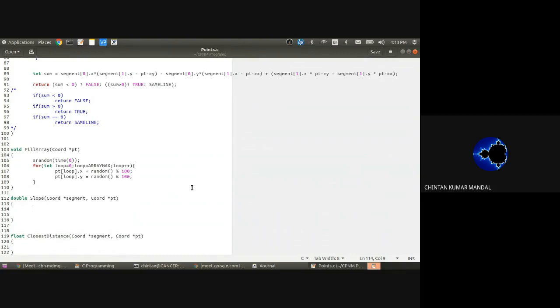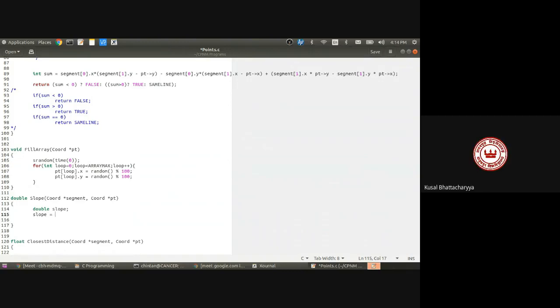Mind it, this is a line segment. Sir, I'll take a variable called slope, double slope. Then sir, slope equals pt dot y.